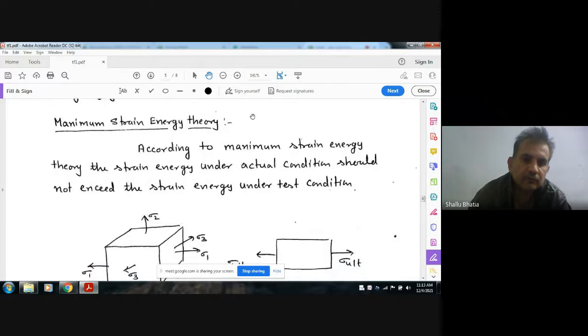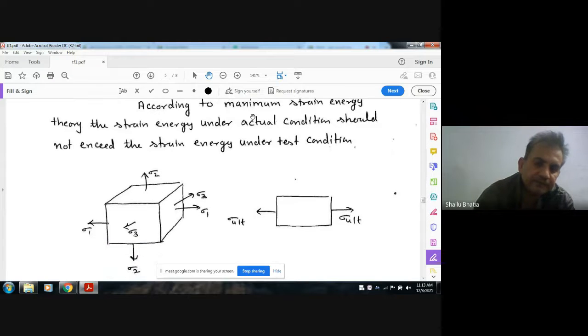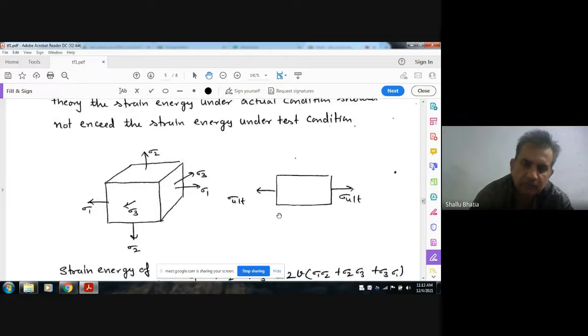Next theory is the maximum strain energy theory. According to the maximum strain energy theory, the strain energy under actual conditions should not exceed the strain energy under test conditions. Again, consider a working specimen that is subjected to sigma 1, sigma 2, and sigma 3, and a test specimen that is subjected to sigma ultimate.